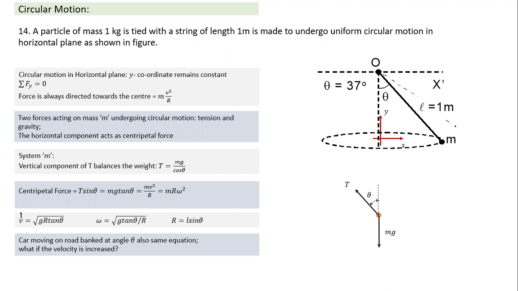And radius is also linked to theta. What is radius equal to? L sin theta. So if speed becomes higher, the whole thing will tend to move up. As the speed increases, it tends to move up.